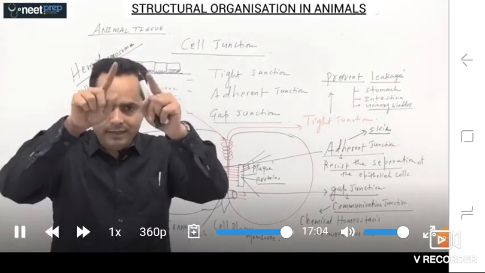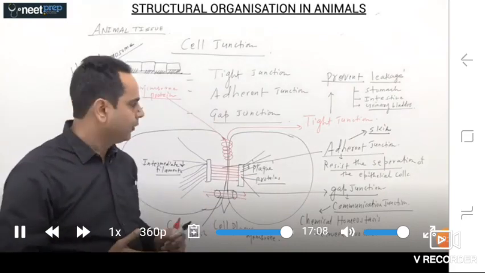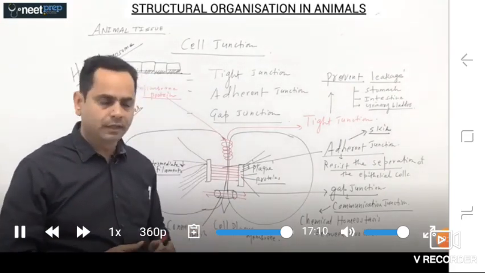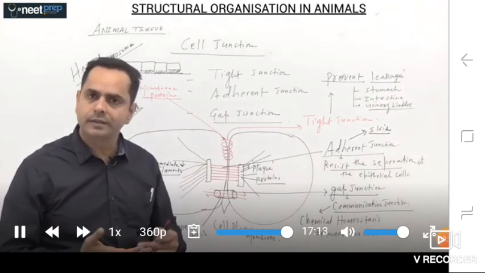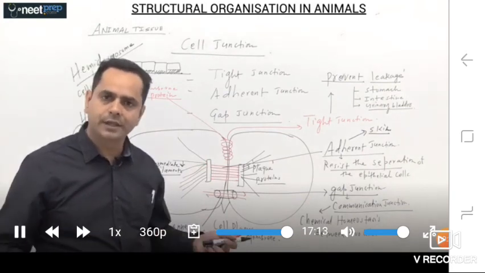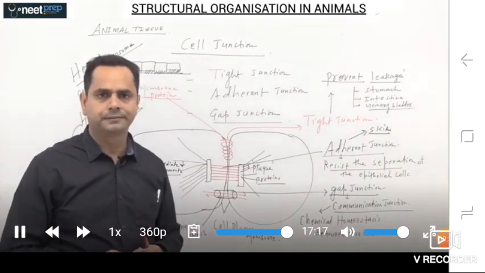So even between the same two cells, we can find simultaneously all kinds of cellular junctions, that is tight junction, adherent junction, gap junctions, all between the two cells.